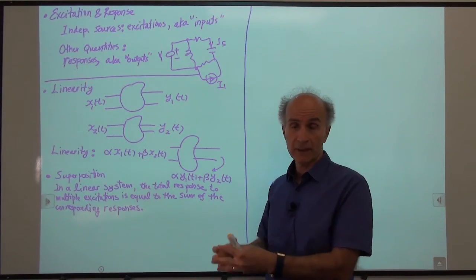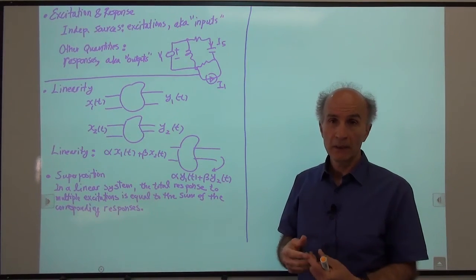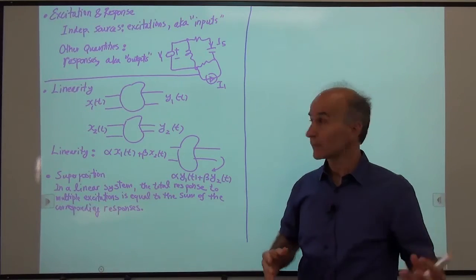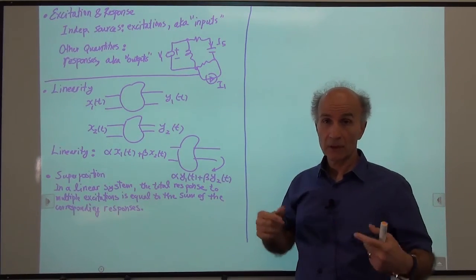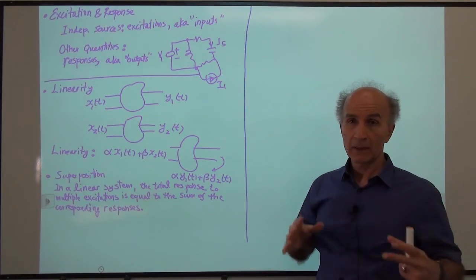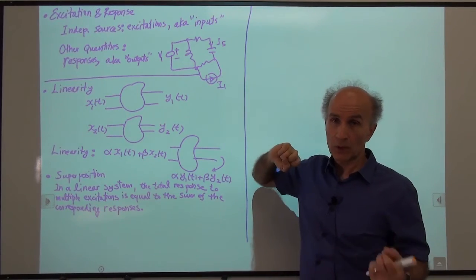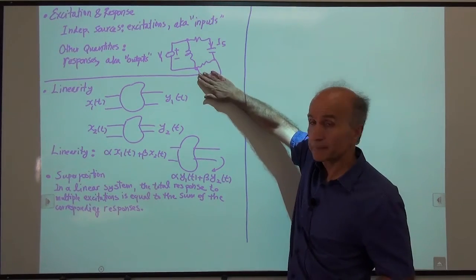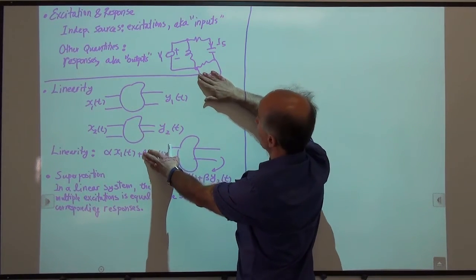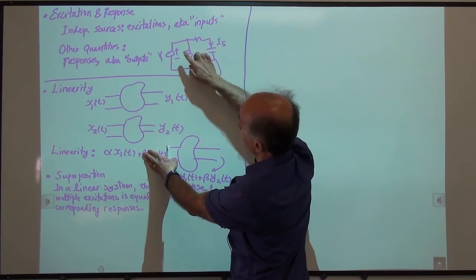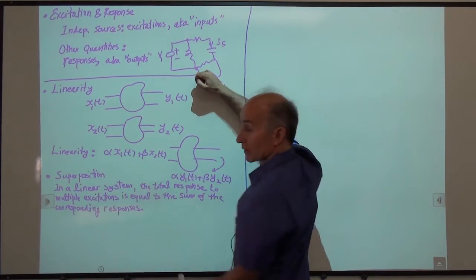And the utility of this idea becomes handy when we are dealing with a circuit that has multiple inputs. For example, a voltage source, you have a current source here. And it's a relatively complicated process to write the equations while both of these are present. So what we do is we set 1 to 0, right? So I set one excitation to 0, and I find the response, for example, this response, resulting from this excitation, meaning alpha y1 of t from this excitation.